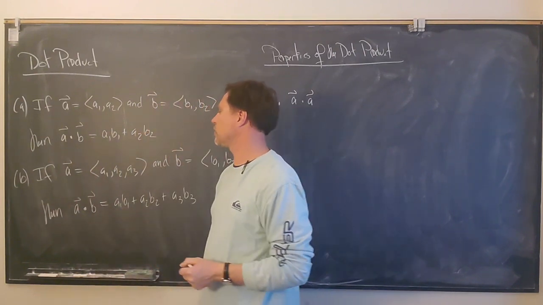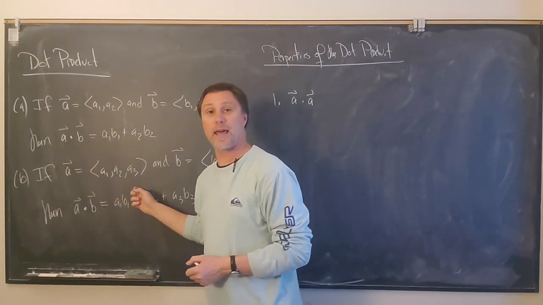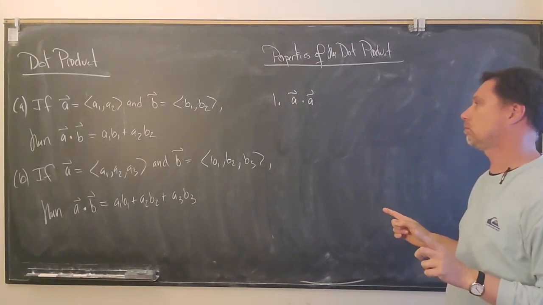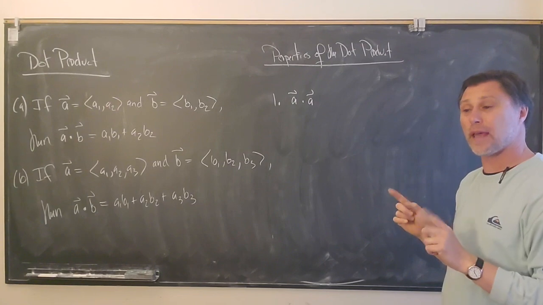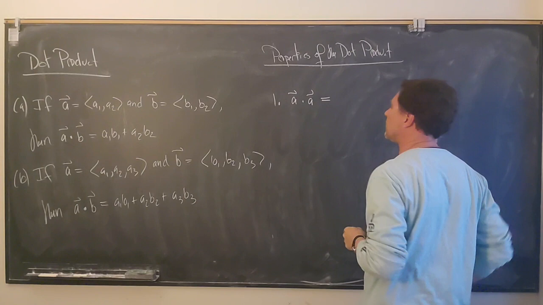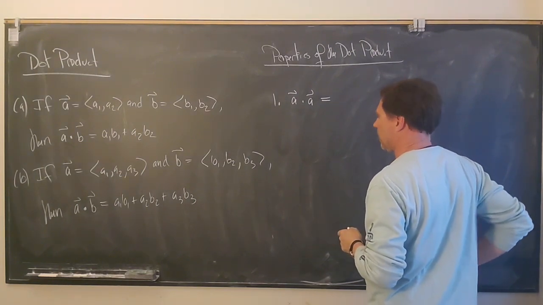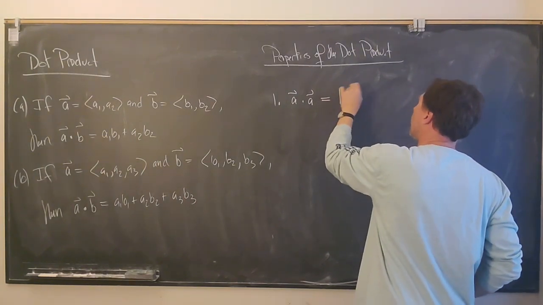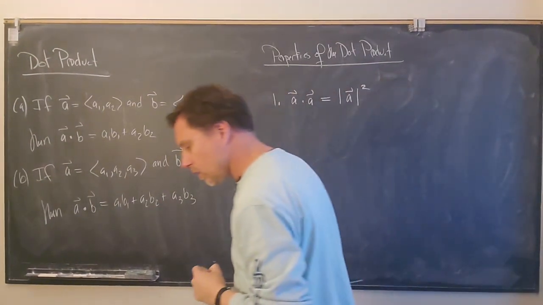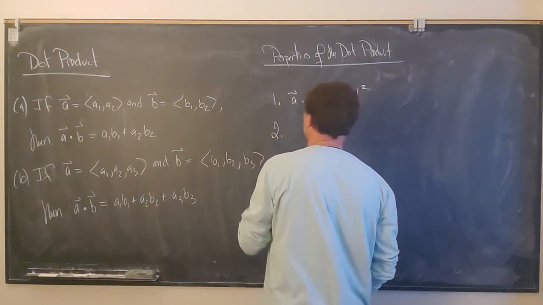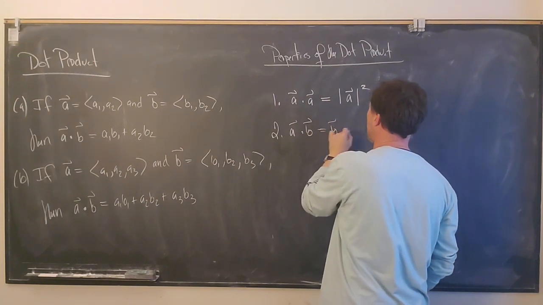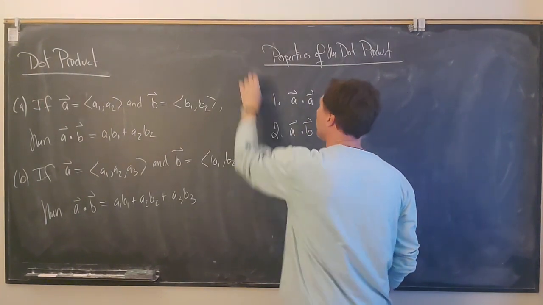In the three-dimensional version, A1 squared plus A2 squared plus A3 squared. This should sound familiar. This should remind you of magnitude or length, except the square root is missing. In fact, it should be easy to see that A dot A is the length or magnitude of A, squared. The second one, this is fairly obvious. If you do A dot B, that's the same as B dot A, so it doesn't matter what order you take a dot product in.